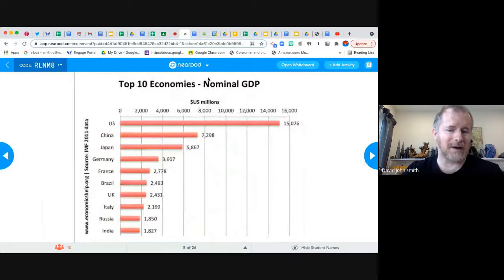So when we talk about nominal GDP, that's not real GDP. What that means is that inflation hasn't been taken out, so there is still inflation in that number. This number is really big, but maybe the USA had a lot of inflation in 2011. I've got to say, no, it didn't.